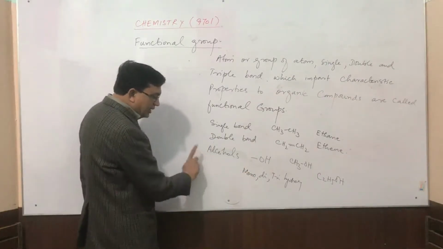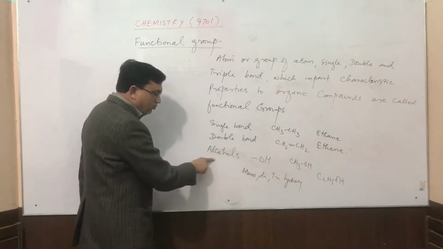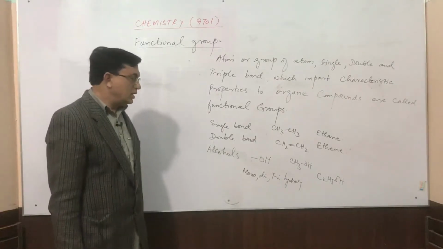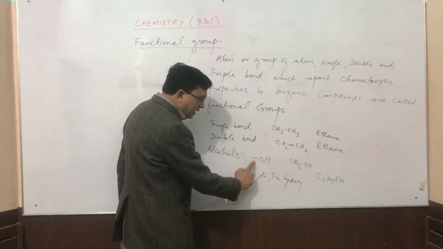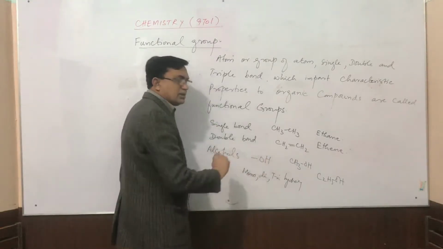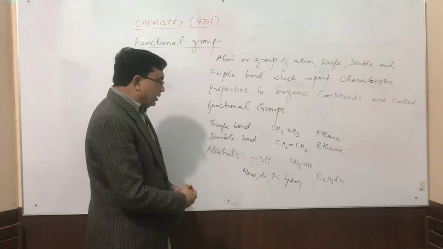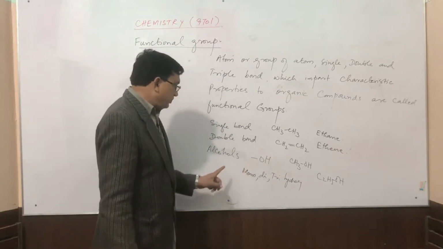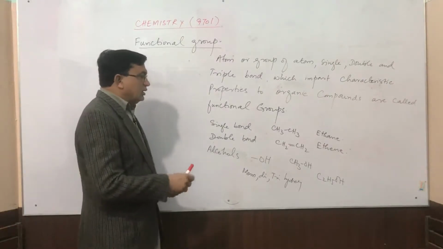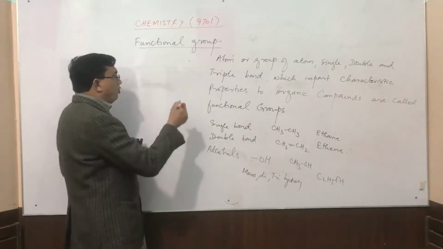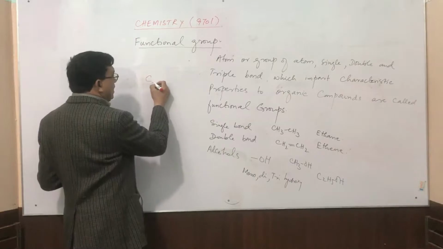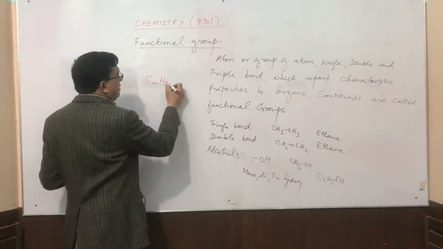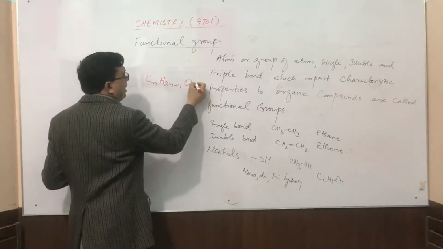Next, the third one is the functional group for alcohols, and it is represented as OH. OH is the functional group representation of alcohols. The general formula for alcohols is CnH2n+1OH.